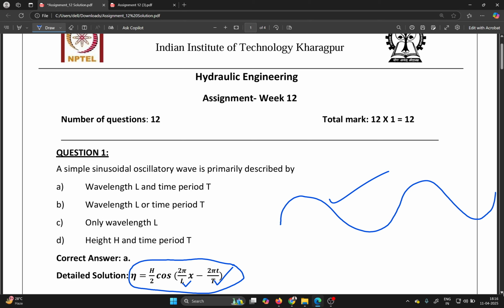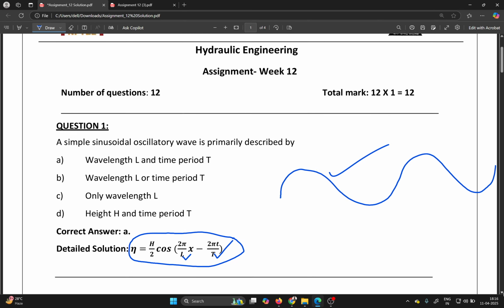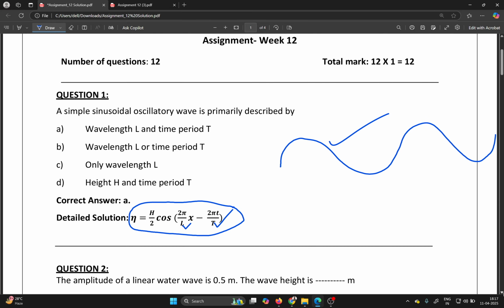Okay, so the next question is question number 2. The amplitude of a linear water wave is 0.5 meter. You need to calculate the wave height here.